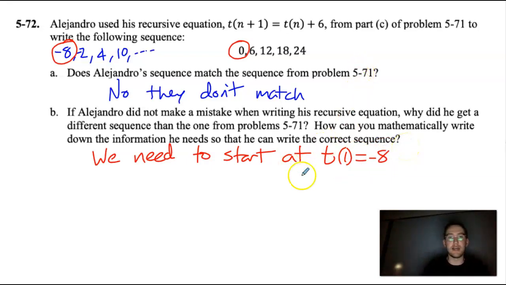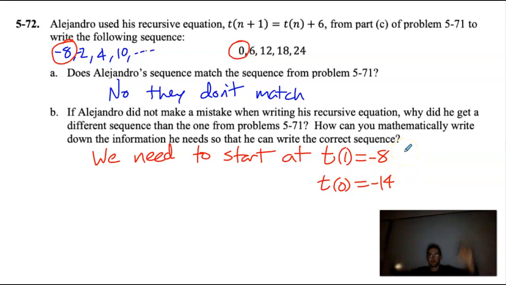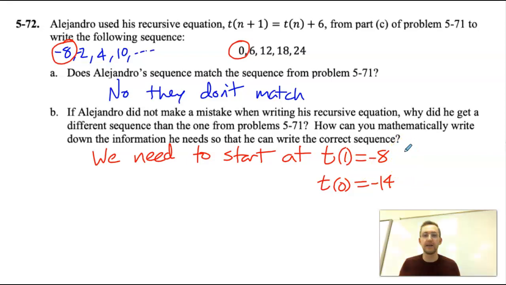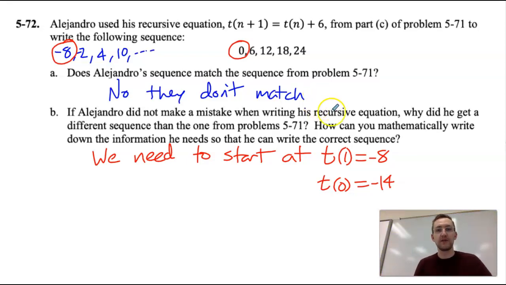Or we could also start at T of 0 is equal to -14. So either we can start at T of 0 is equal to -14, or T of 1 is -8, which were the first two spots on our table at the very top of the page. If we start at either one of those two spots, then our sequence is going to match from there on out using that recursive expression that we have right here, T of n plus 6 is equal to T of n plus 1.